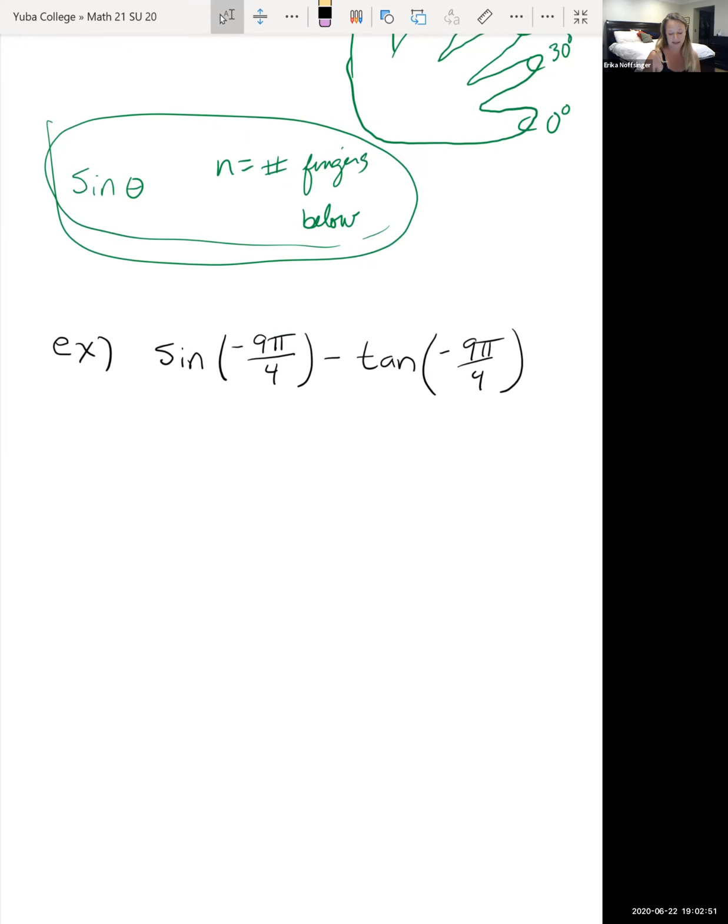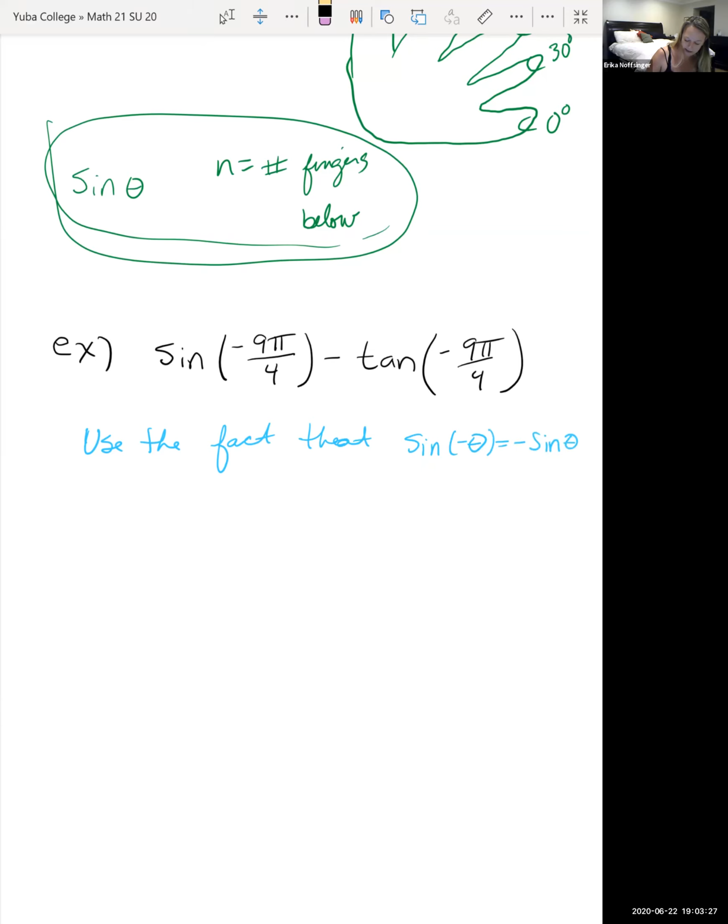Okay, so let's first rewrite this. Because we know that sine and tangent, we can rewrite it so that those are not negative angles and those are positive angles. So let's use the fact, but you didn't have to. We could keep them as negative angles and you should be fine. But we're going to use the fact that we just learned that sine of negative theta, an odd function, is equal to negative sine of theta.